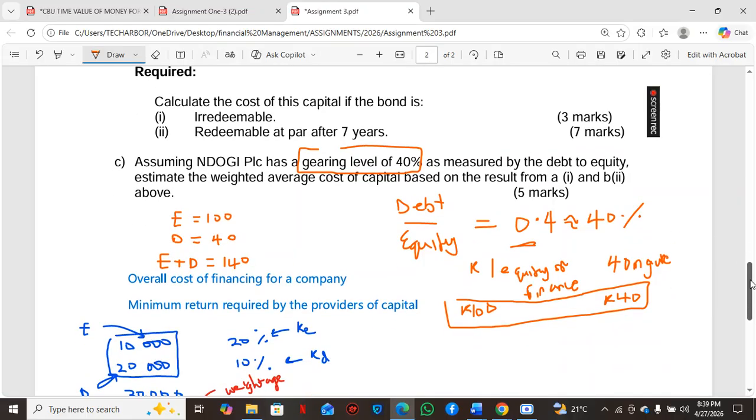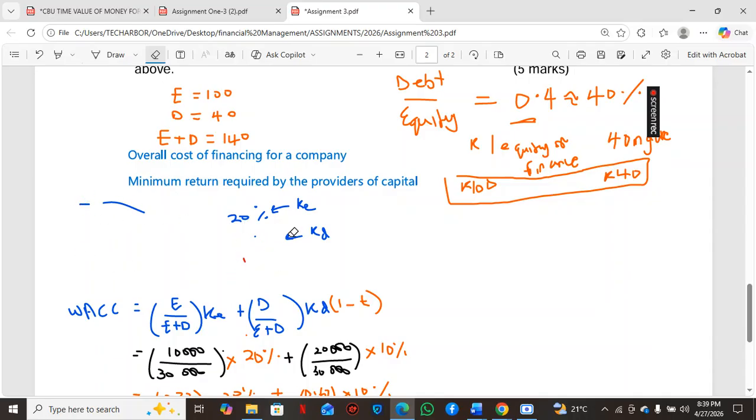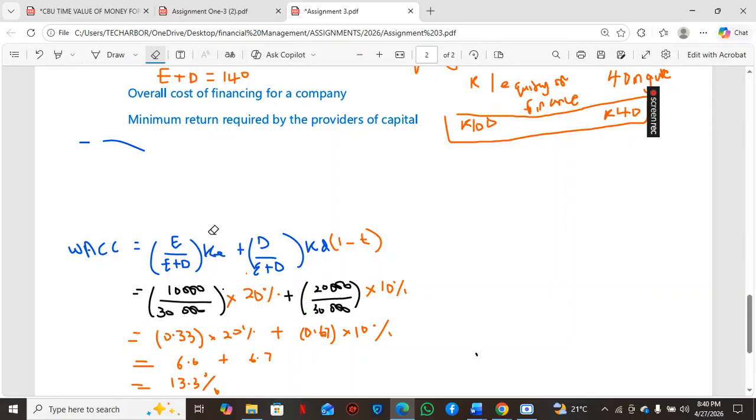So the weighted average cost of capital formula, as you can see here. With companies, for the cost of debt, you add this 1 minus T. When you're in this assignment, that's how you represent the formula. KD has to have a 1 minus T, and I hope we remember what that 1 minus T represents. Have you seen the formula?